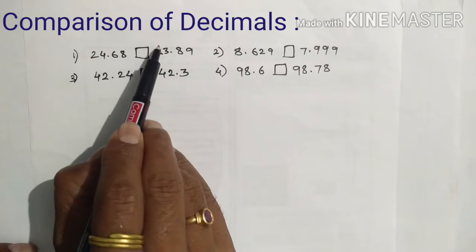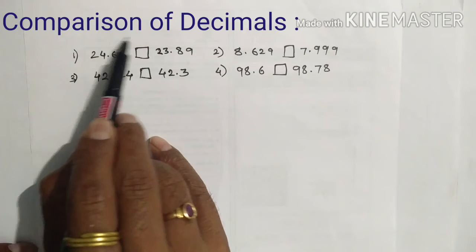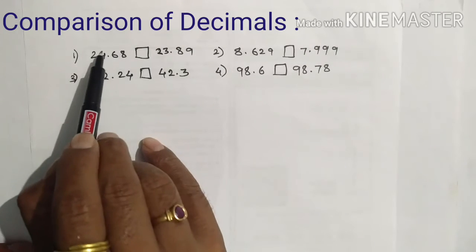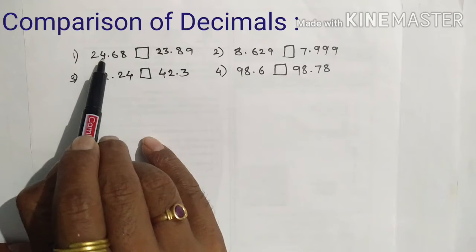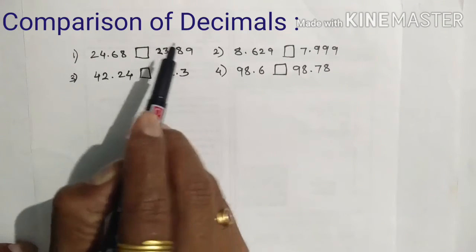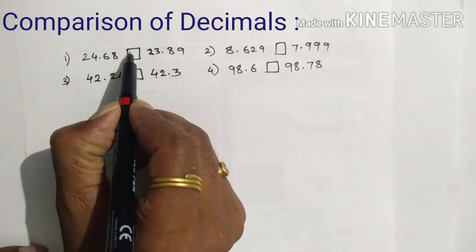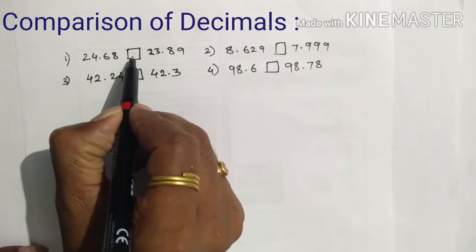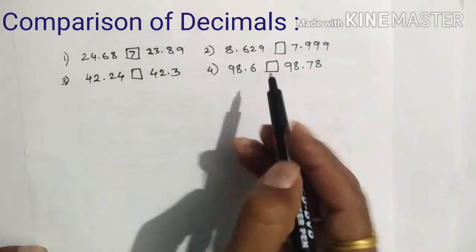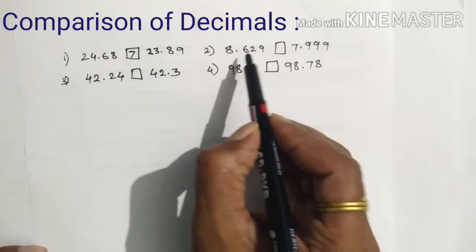In the last video we discussed such parts of decimal numbers. Here 24 is the whole number part, and here 23 is the whole number part. So which decimal is greater? Yes, 24.68 is greater here.